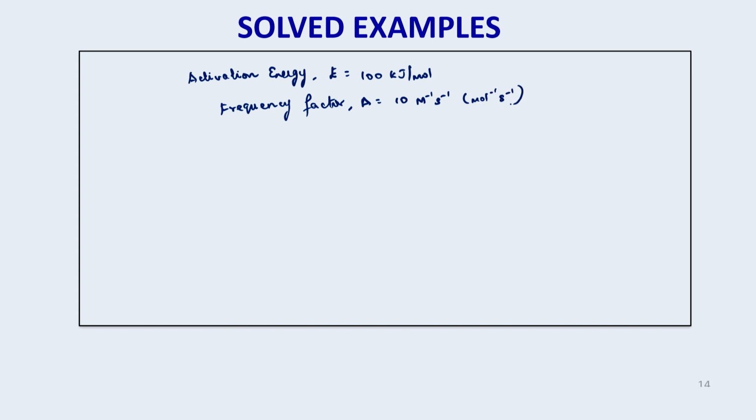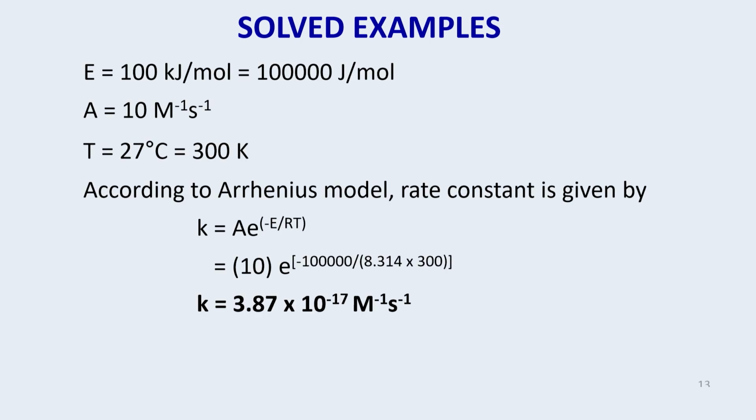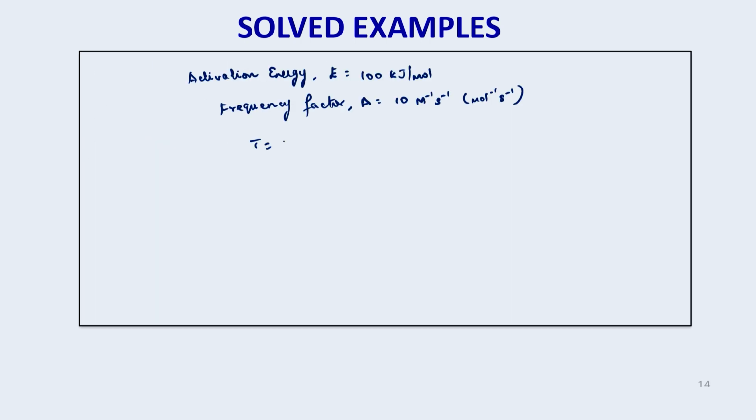In some textbooks, they use capital M power minus 1, that is per mole. The temperature is given as 27 degrees centigrade, so add 273, giving 300 Kelvin.